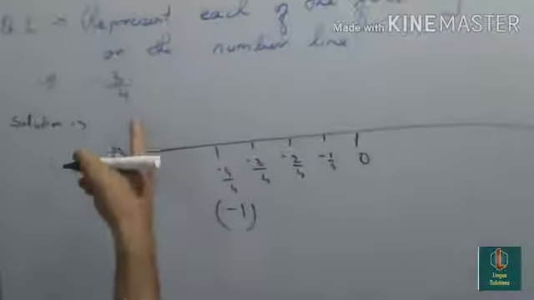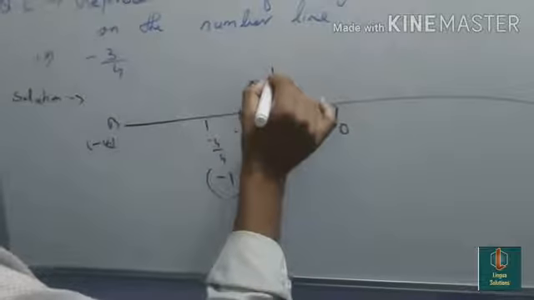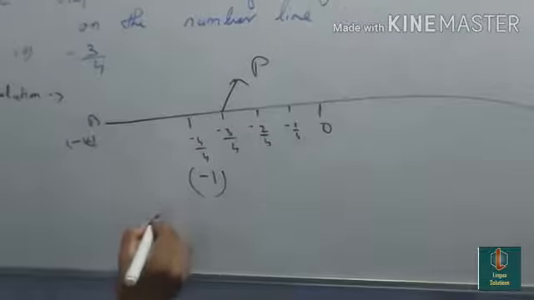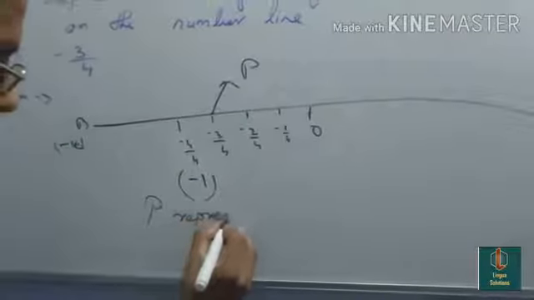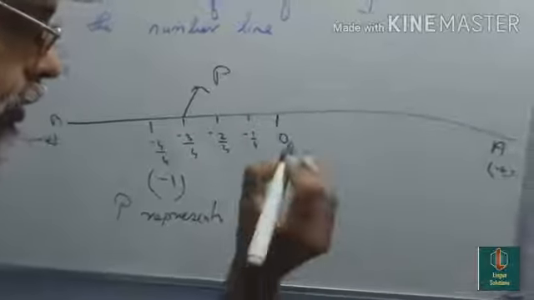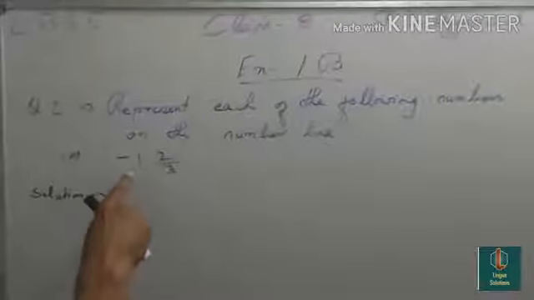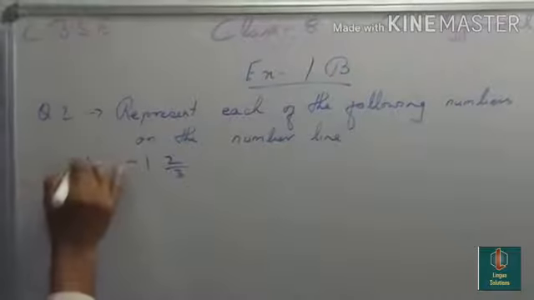Now we have to show minus 3 by 4. It is here. Mark it as P. So P represents the number.